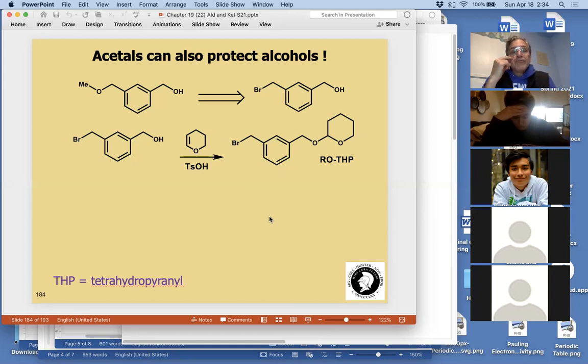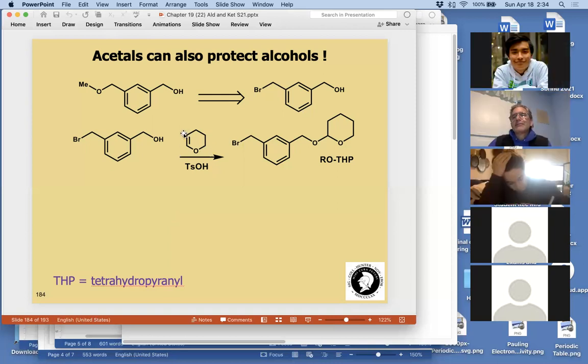Again, you mix the other two starting materials and throw in your toluene sulfonic acid. It's going to protonate the first oxygen it runs into. It hasn't made a choice yet. But the most basic thing in this mixture is that carbon, believe it or not, because it makes the most stable cation.